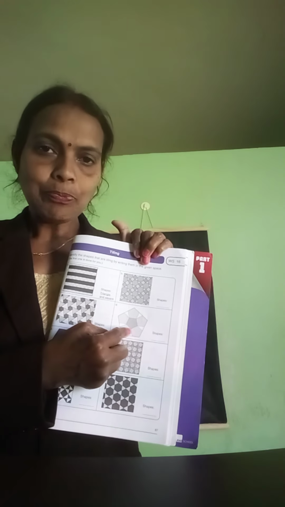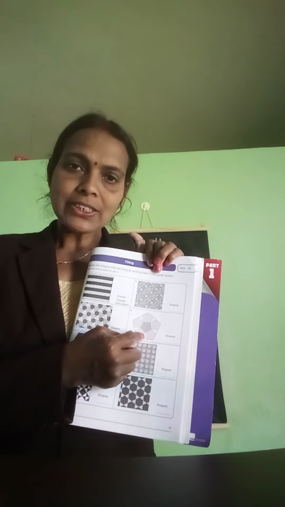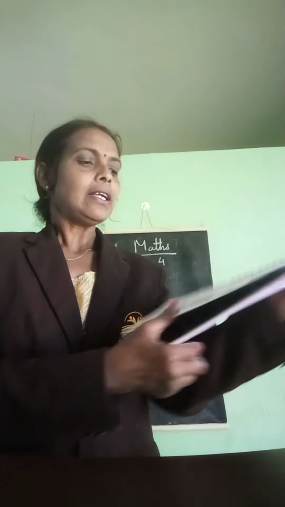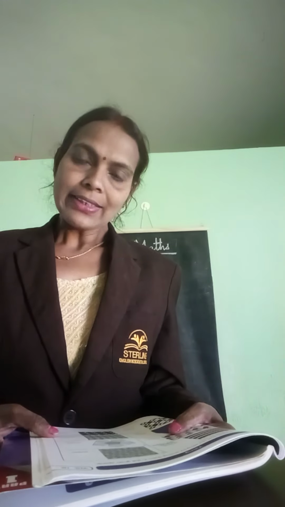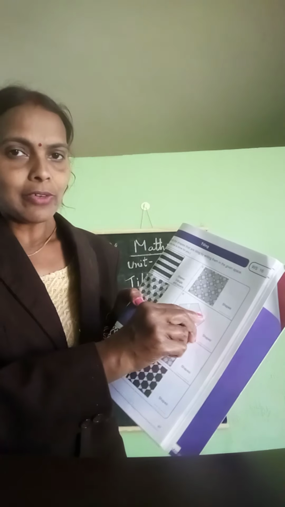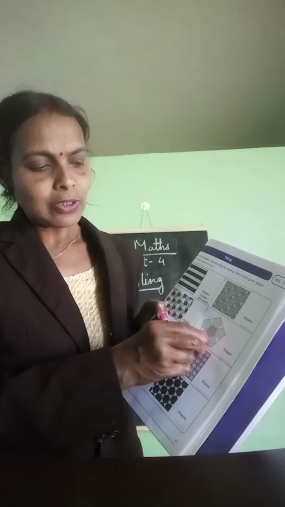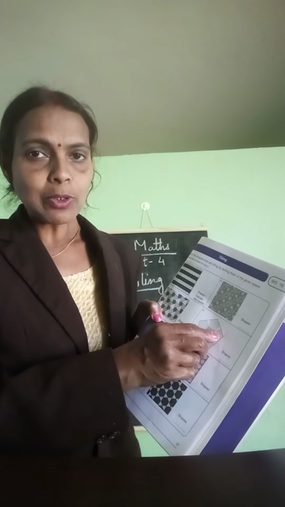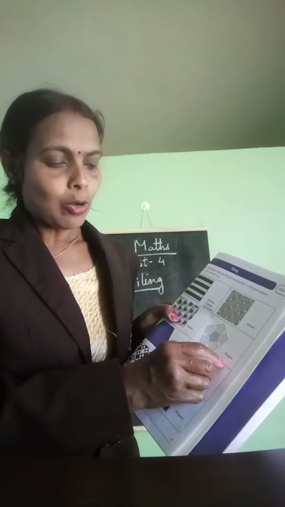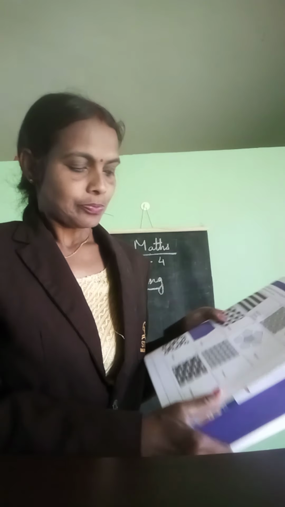Now D1, if you see the picture, can you find out what shapes have been used for tiling? Here they have used triangle, because this white one is a triangle, so write triangle. And these shapes are also there. This is a pentagon because it has 5 sides, so write down triangle and pentagon.